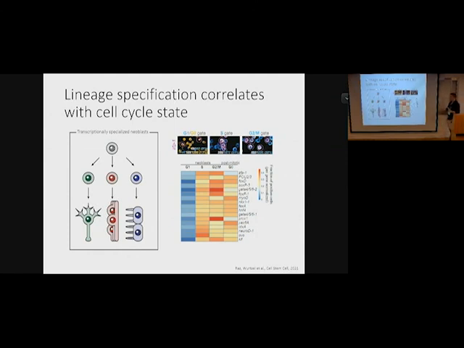This was also validated by transplantation assays and colony assays similar to what I showed you previously. So based on all of those experiments, we concluded that the pluripotent stem cell up here in the hierarchy is the stem cell that can maintain itself and divide, and all of those other cells just represent transient states.